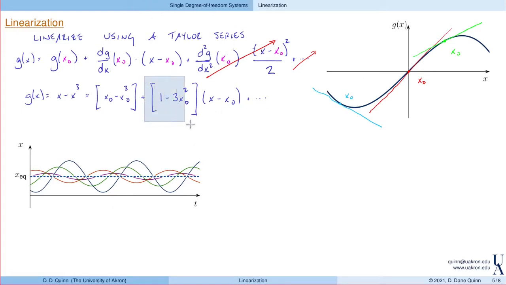So here, this piece represents the slope of this function. And this would be my linear approximation. Now, the question is, what point do I choose as x naught? Well, mechanical systems typically oscillate around equilibrium points.